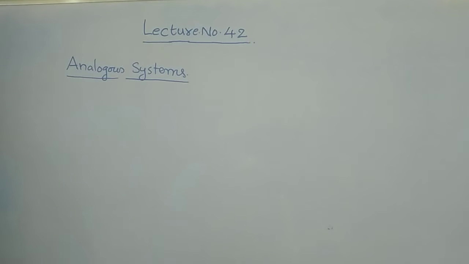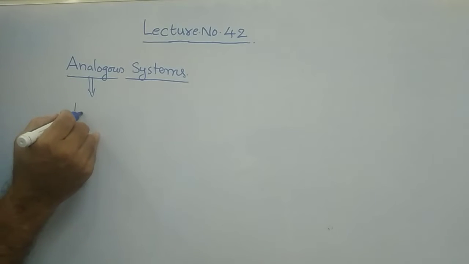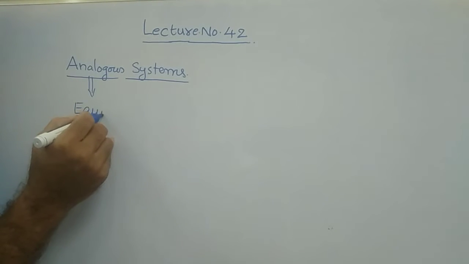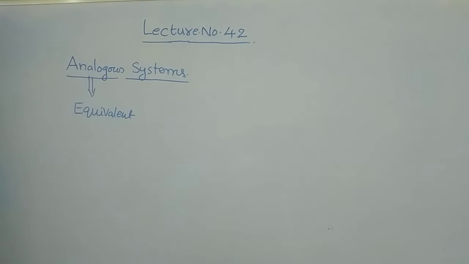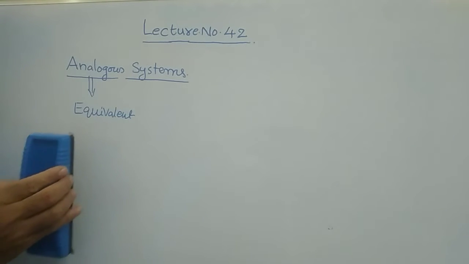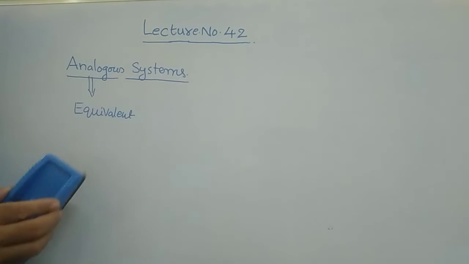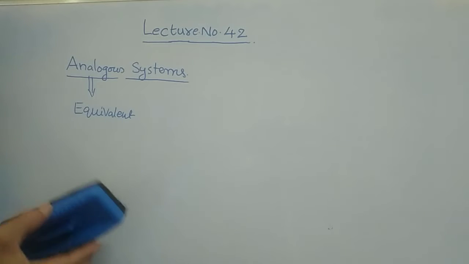analogous system. Okay, so what is an analogous system? Analogous is nothing but equivalence. Otherwise it is called equivalent. So if you recall your first mechanical, we have done some examples on mechanical translational systems as well as mechanical rotational systems.